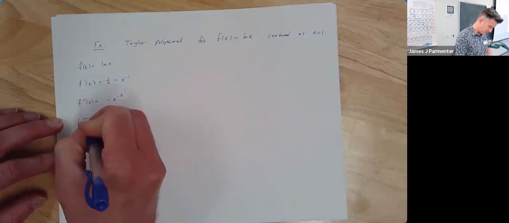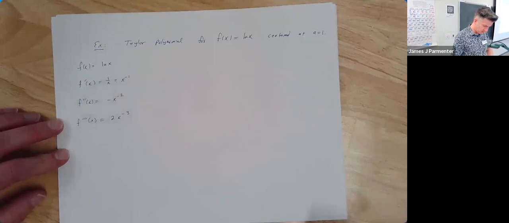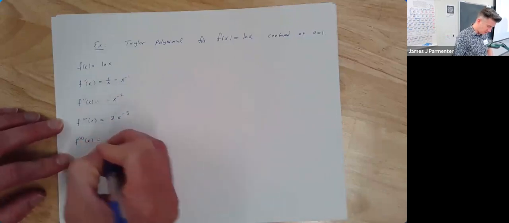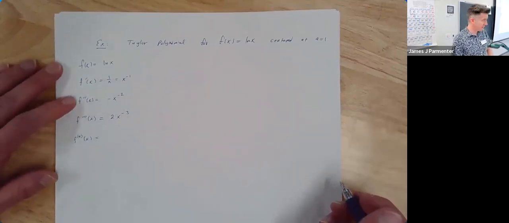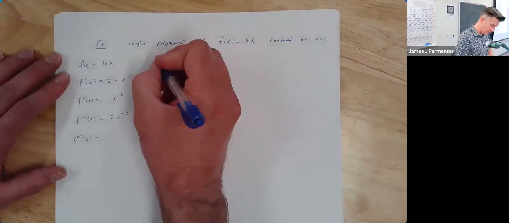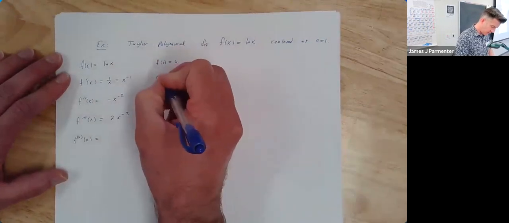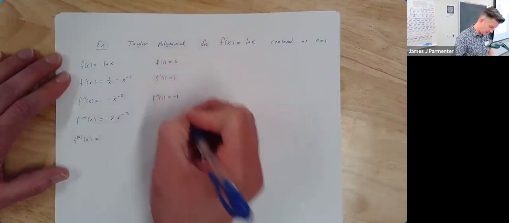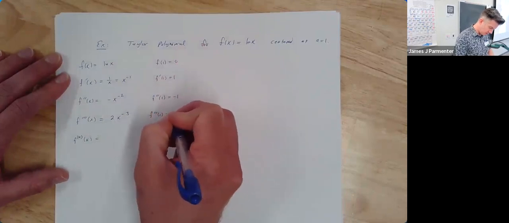My third derivative is going to be 2 times x to the negative third. My fourth derivative here is going to be, so let me actually start plugging in some values before I find the fourth derivative. So f of 1 is 0, f prime of 1 is 1, f double prime of 1 is negative 1, f triple prime of 1 is 2.